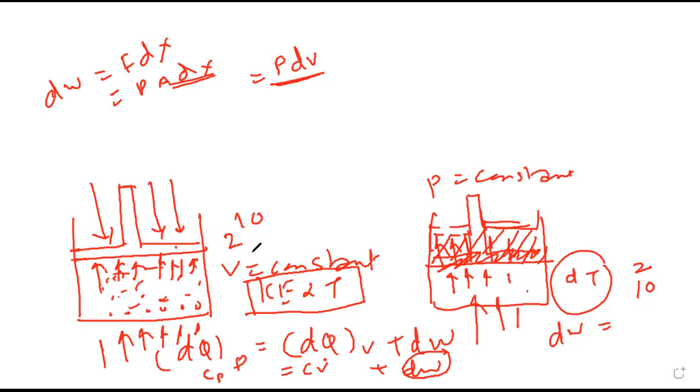Yes, sir. Now this we have to write in proper words. Again I'm repeating, please be careful. The heat supplied at constant volume is only used to increase the internal energy. But heat supplied at constant pressure is used for two purposes: to increase the internal energy and to perform work during expansion against external atmospheric pressure.